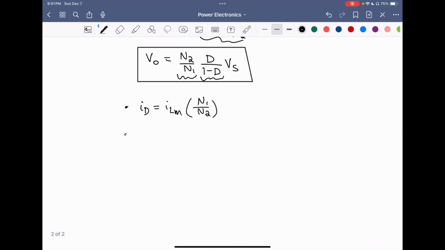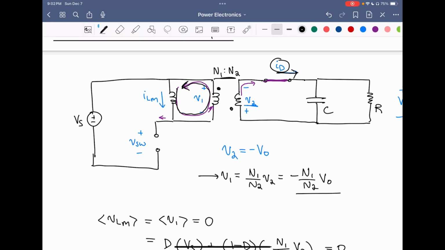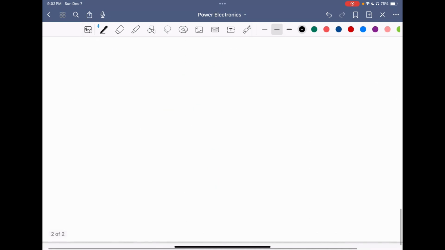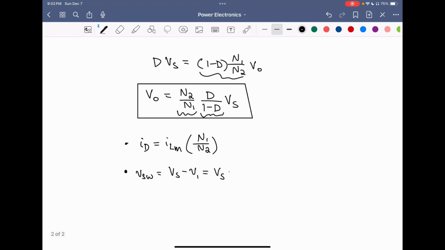And then another thing we should express is the switch voltage. The switch voltage is going to be Vs, the input voltage, minus the primary side voltage V1. We know the value of V1, which we just calculated, was negative VO N1 over N2. So that means that the switch voltage is going to be Vs plus VO N1 over N2.